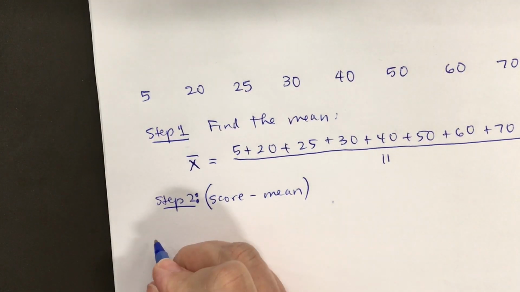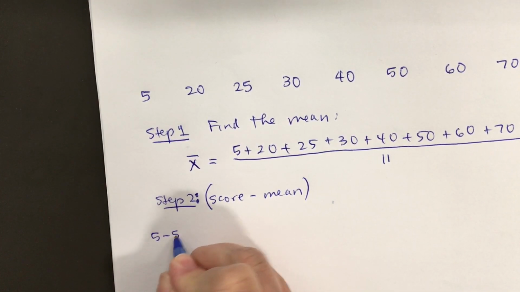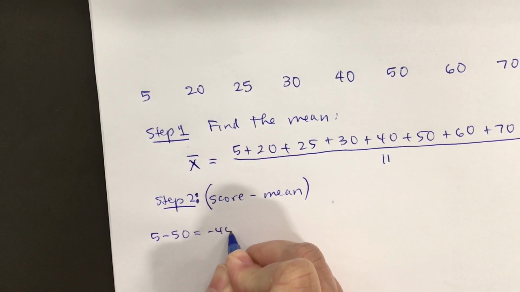I'm going to start with the 5. 5 minus 50 is negative 45.